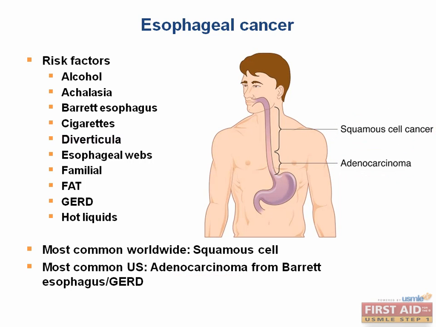You can remember the various risk factors for esophageal cancer with the mnemonic A, B, C, D, E, F, F, G, H, which stands for alcohol, achalasia, Barrett esophagus, cigarettes, diverticuli, esophageal webs, familial, fat or obesity, GERD, and hot liquids.